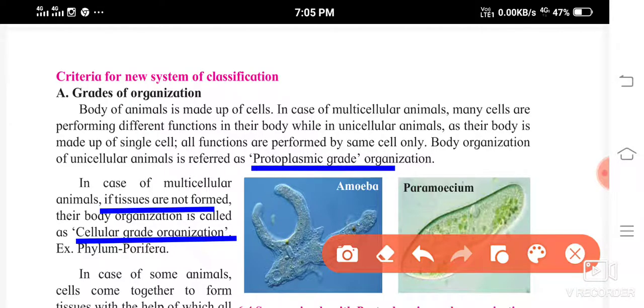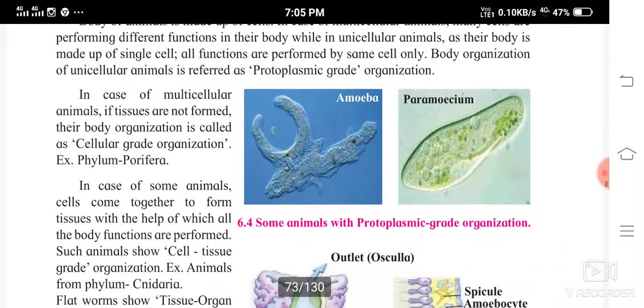You saw in unicellular animals it was referred to as protoplasmic grade organization. In multicellular animals where tissues have not been formed, we refer to it as cellular grade organization, and the example is Porifera.